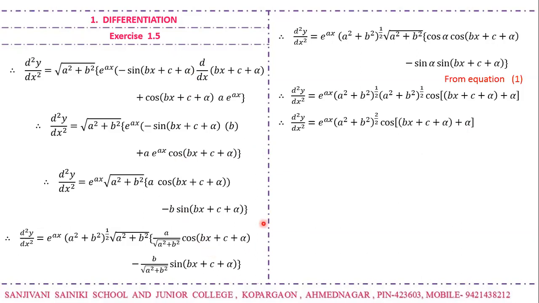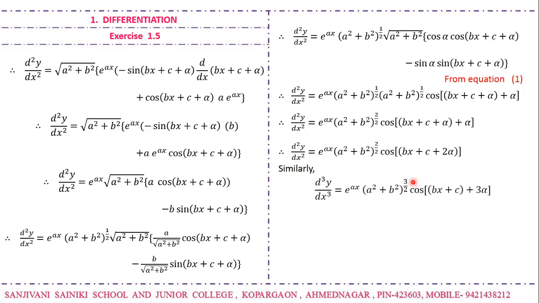On the same line we can obtain the third order derivative as d cube y by dx cube is equal to e raised to ax into [a square plus b square] raised to 3 by 2 cos of bx plus c plus 3 alpha.